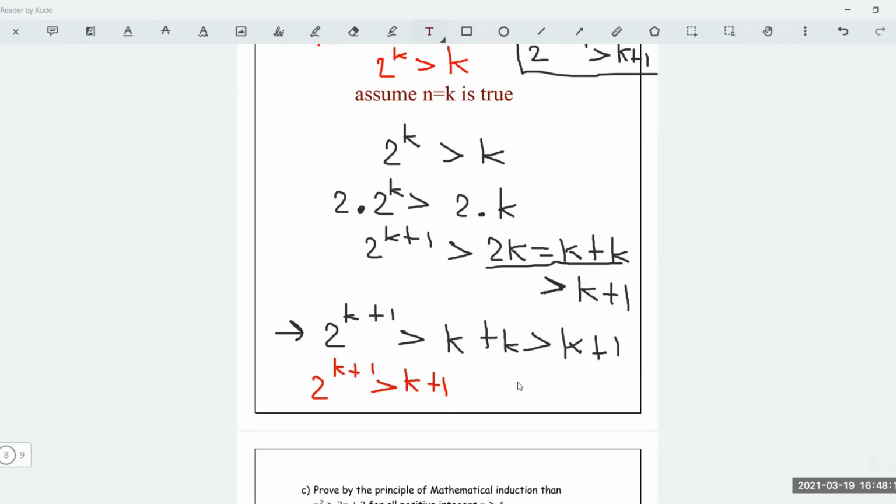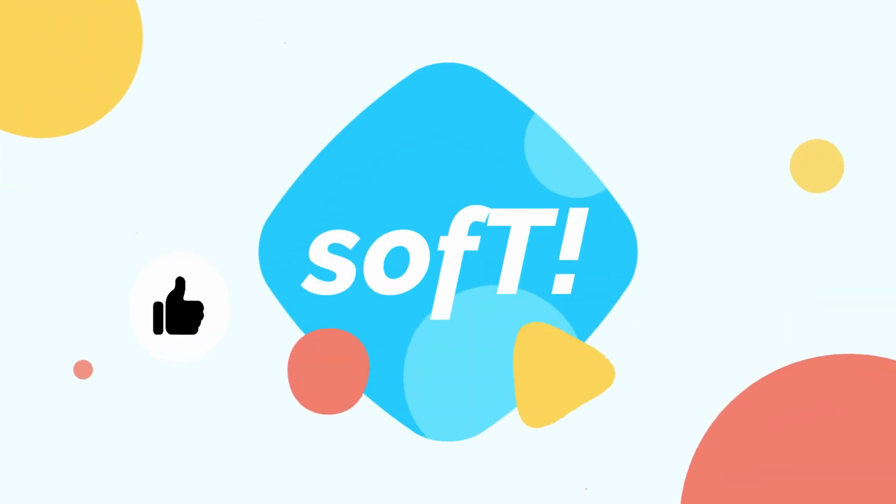Thus n equal k plus 1 is true. Then you write your conclusion. That's all. Next question.